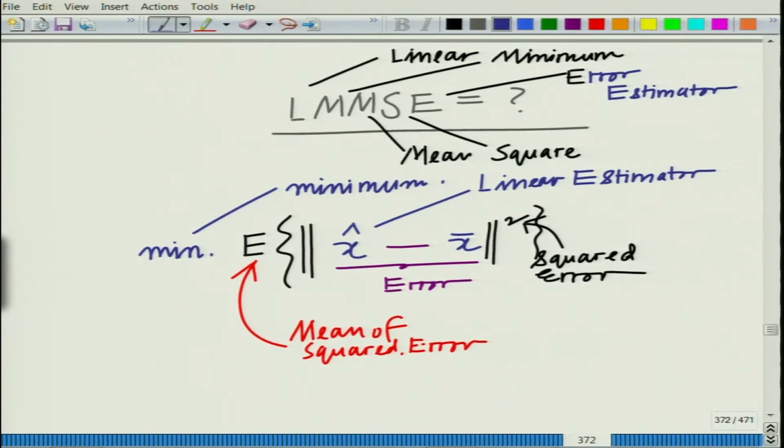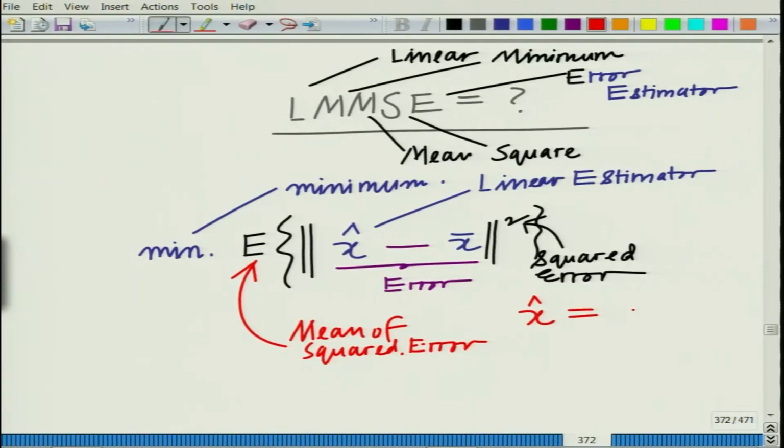So, this is essentially your linear minimum mean squared error, that is, find the linear estimator x hat equals C y bar such that if you look at the square of the error norm x hat minus x bar square, and you look at the mean, that is expected value of norm of x hat minus x bar square, that should be minimized. That is what your linear minimum mean squared error estimator is doing.